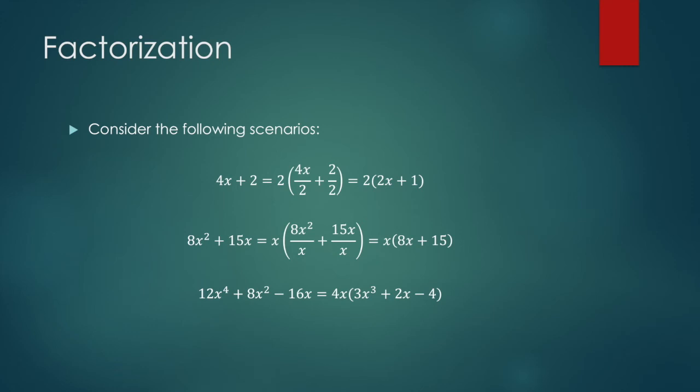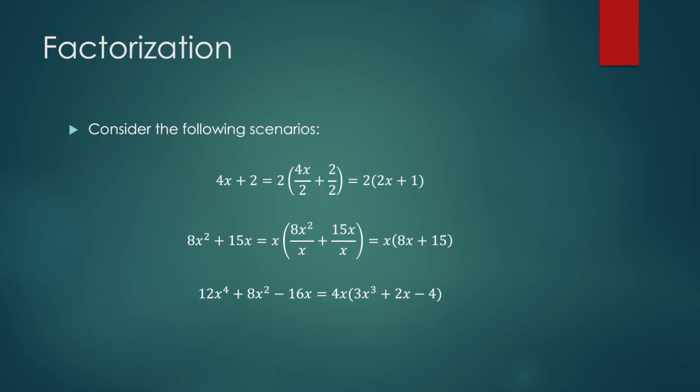So we take our x out, we put 8x squared plus 15x all divided by x in brackets. We divide by x because it is our GCF. And then we divide again using our exponential rules. So we get x multiplied by 8x plus 15 all in brackets.